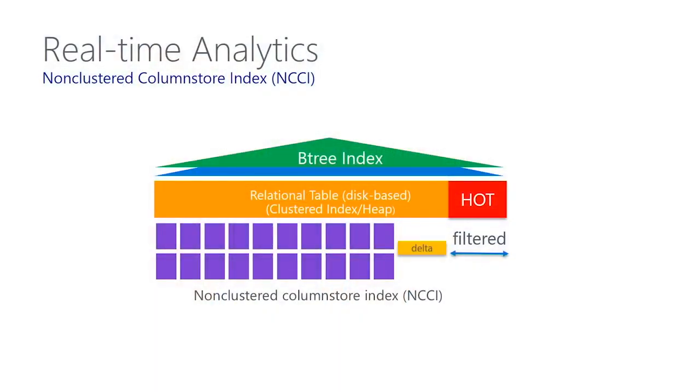By doing that, you are keeping the data that is hot, that is the order that is in transition, out of the columnstore index. It is sitting only in the row store, and your transactional workload is not paying any overhead of the non-clustered columnstore index. By doing that, you are minimizing the impact on the OLTP workload.